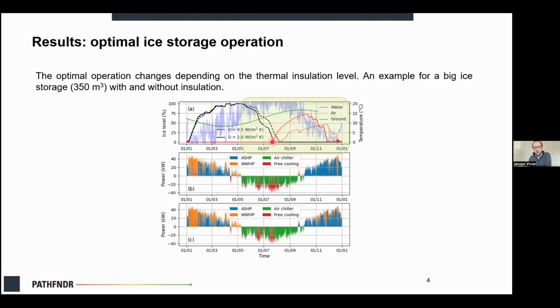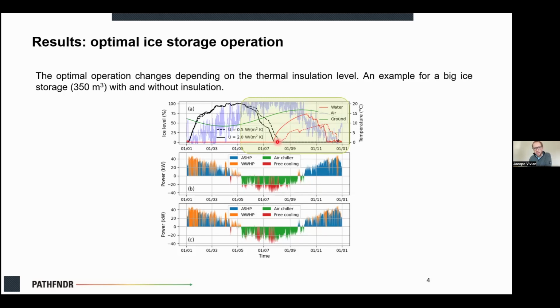Here, we take advantage of the heat gains that come from the surrounding ground because there is no thermal insulation, which means that in October, we have 15 Celsius degrees, and we can use this sensible part to provide space heating to NEST with a water-to-water heat pump connected to the ice storage.